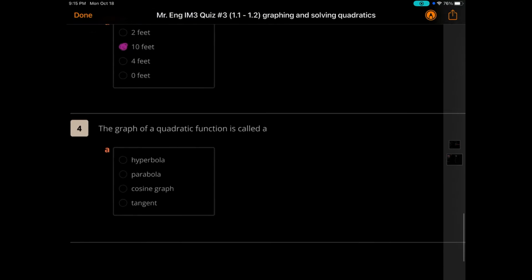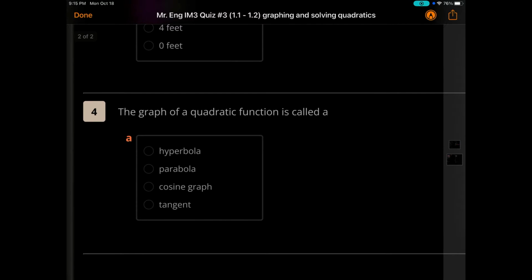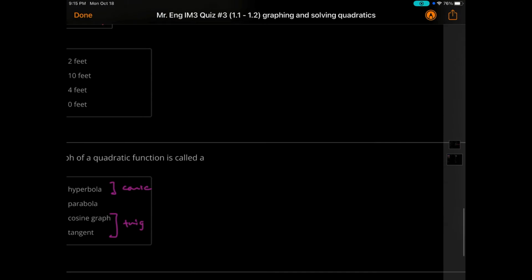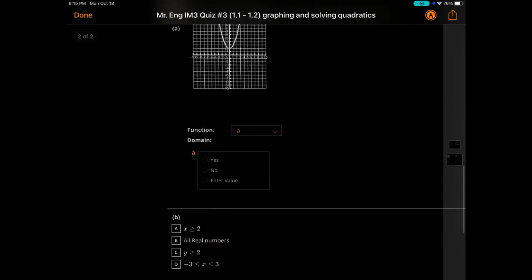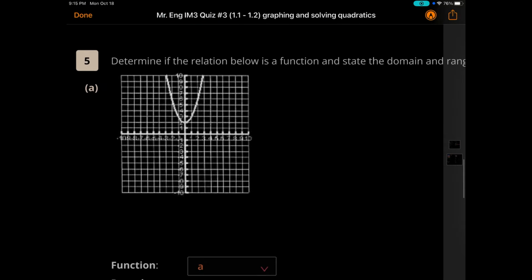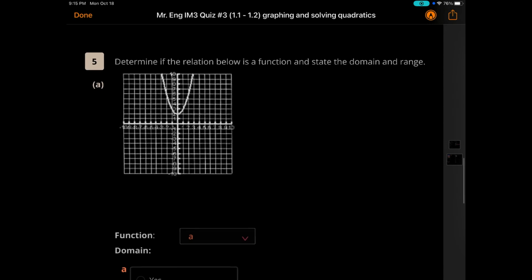Question number 4, the graph of a quadratic function is called a parabola. These would be a trig, and this would be a conic. All right, question number 5. Determine if the relation below is a function.